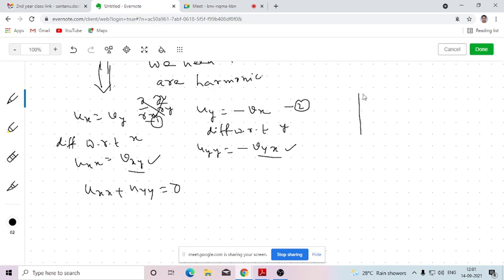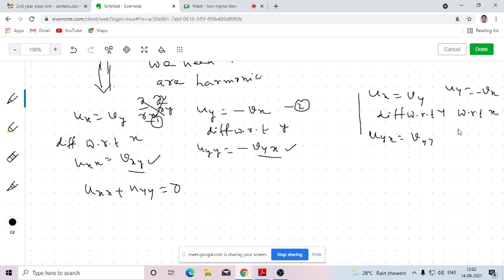Now to show that v is a harmonic function, we will consider the two Cauchy-Riemann equations. If I differentiate the first with respect to y, what will we get? uyx on the left hand side, and on the right hand side vyy. Then we differentiate the second equation with respect to x.